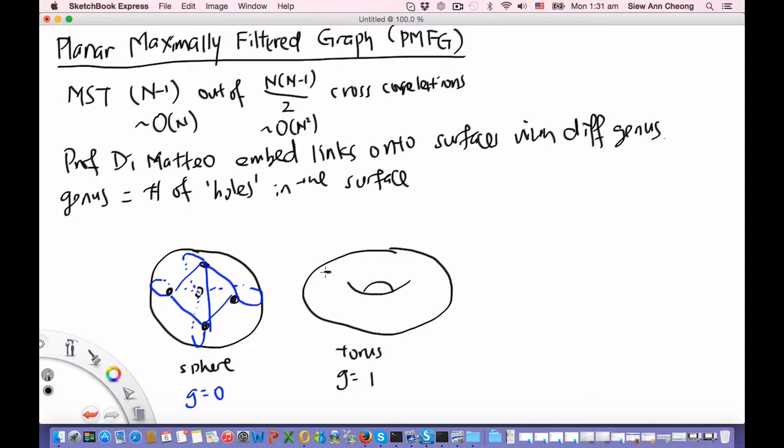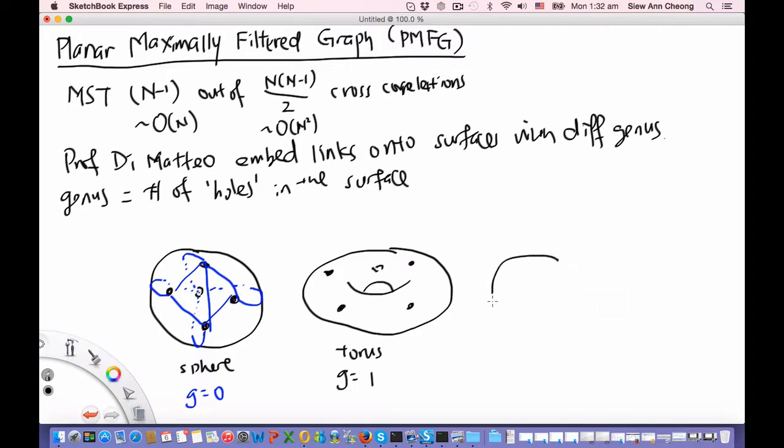And then of course I can distribute my points here and there and everywhere on the surface of the donut. And I realize by adding a hole, I can prevent certain links from crossing each other. So in that sense, I could add more and more links, I can keep more important cross correlations.